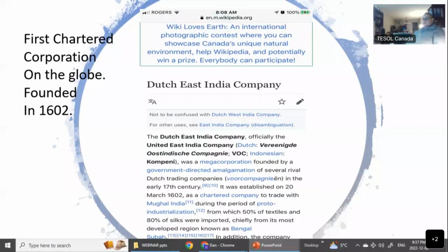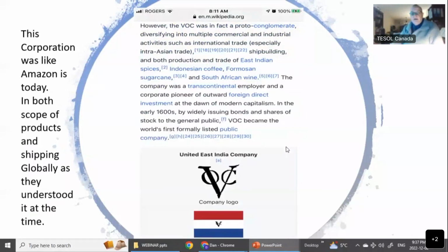And so this Dutch East India Company was funded by all of these rival business people who were asked to work together by the government at the time, the Dutch government. And they benefited tremendously. That Dutch East India Company was, in fact, like the Amazon of today, in both scope of products and shipping globally as they understood it at the time.